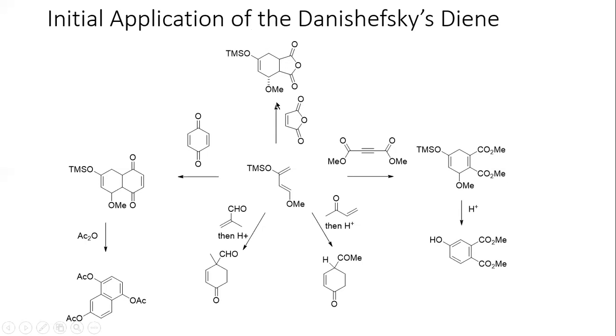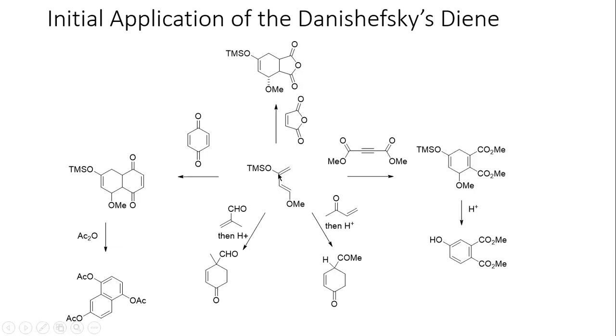I think all of the yields in this case are somewhere between 50 and 75%, if I'm remembering correctly from that publication. So again, with maleic anhydride, they were able to get this cyclic product in good yield, right? And again, you can see now you can further functionalize this. If you consider deprotecting here, then you have a ketone here that's able to be functionalized, and you could also act on the methoxy group that's here, right?